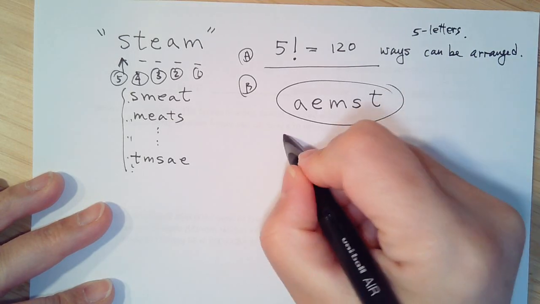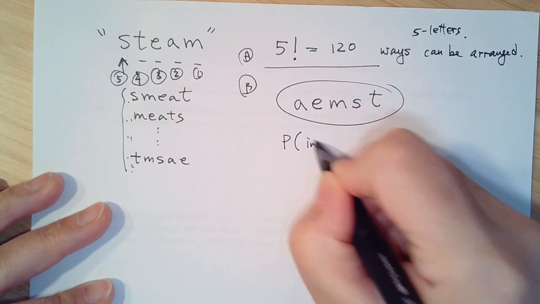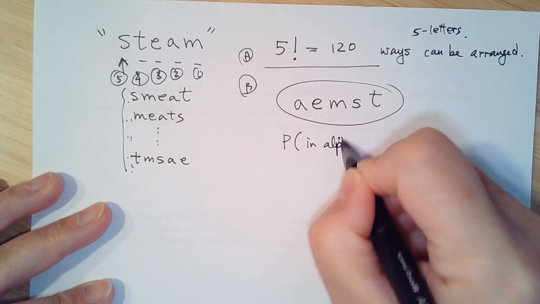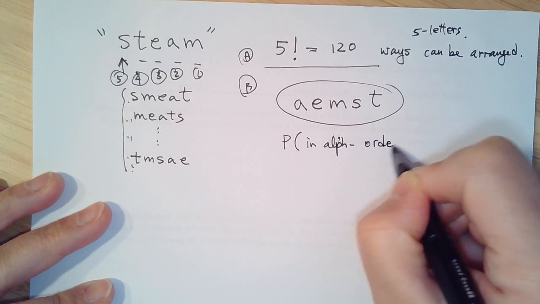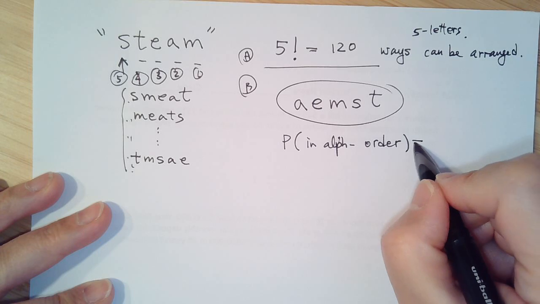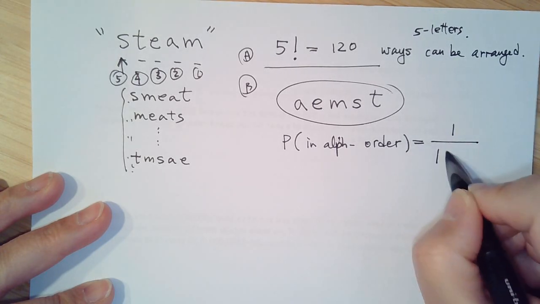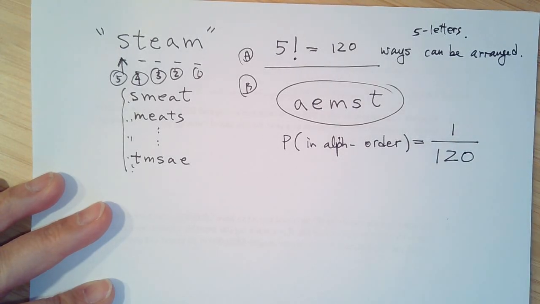So therefore, the probability of that will be just 1 out of 120. That's your answer. You can just leave that as a fraction if you get something like this.